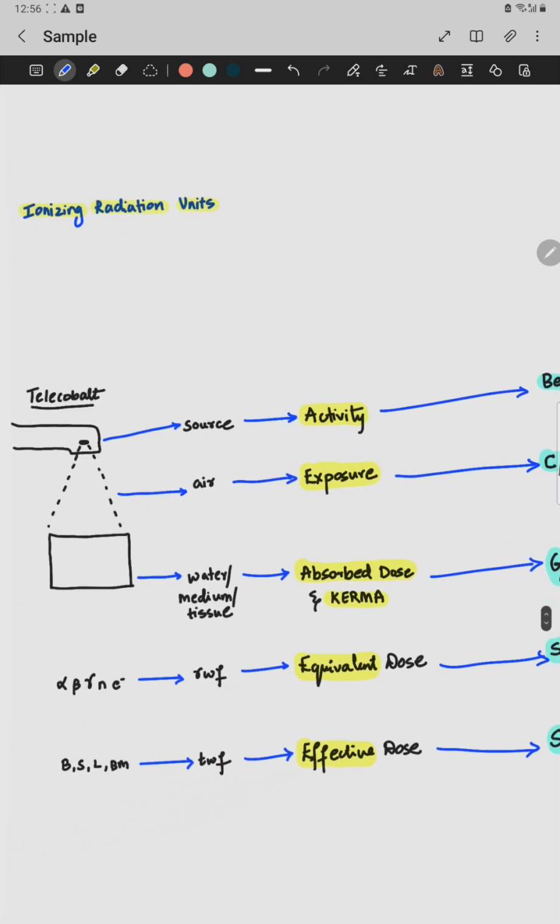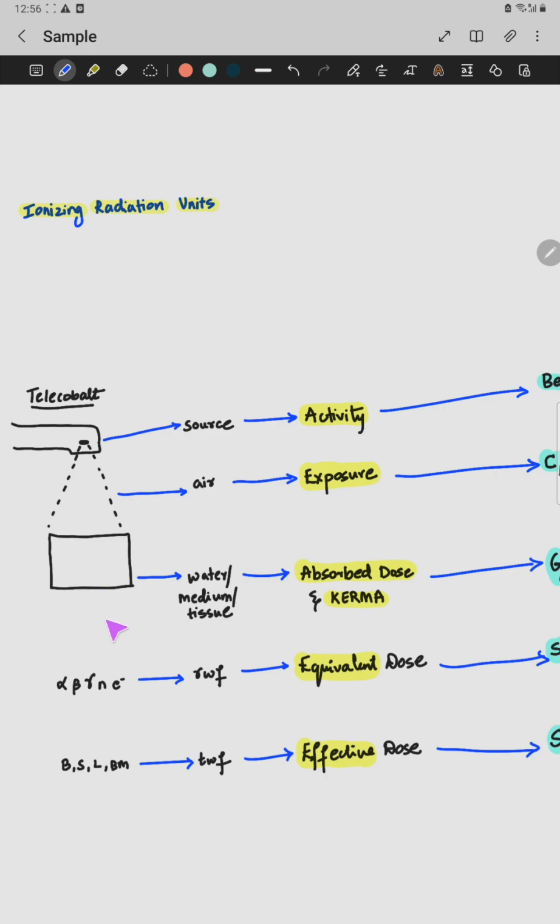Now coming to water or medium tissue, what we are measuring here is the absorbed dose. This absorbed dose is the quantity of the radiation measurement. It measures the amount of energy absorbed from the radiation beam per unit mass, and this mass that you are taking is 1 kg.